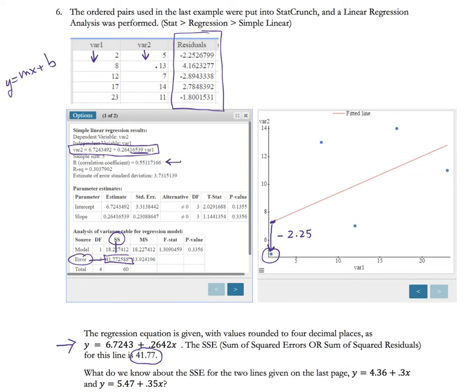This next point, 8, 13, well, here's that actual data. It has a positive residual because to correct this prediction, we would have to add 4.16 to get up to the actual data value.